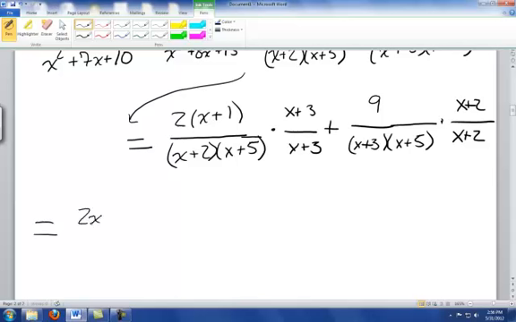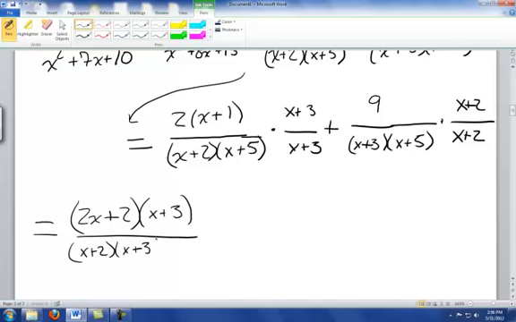Let's go ahead and distribute that 2 through. And distributing the 9 across. Now be careful doing that. Notice that it's as if there were parentheses around this x plus 2.